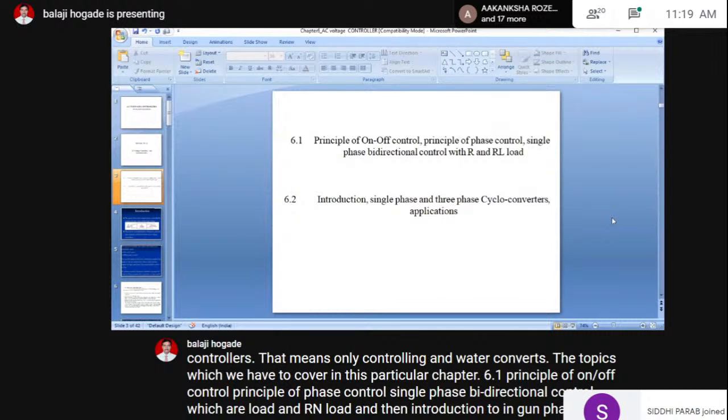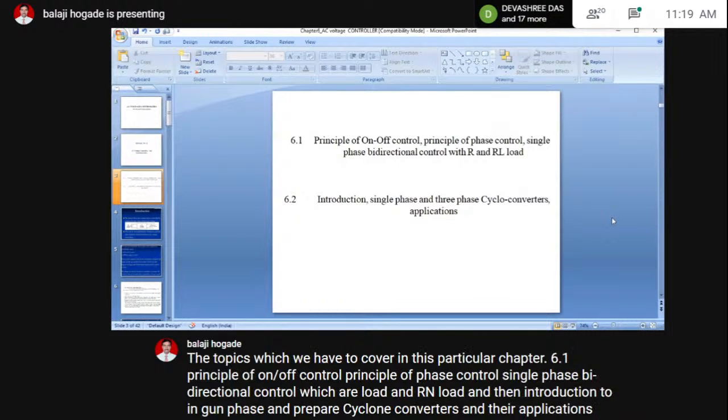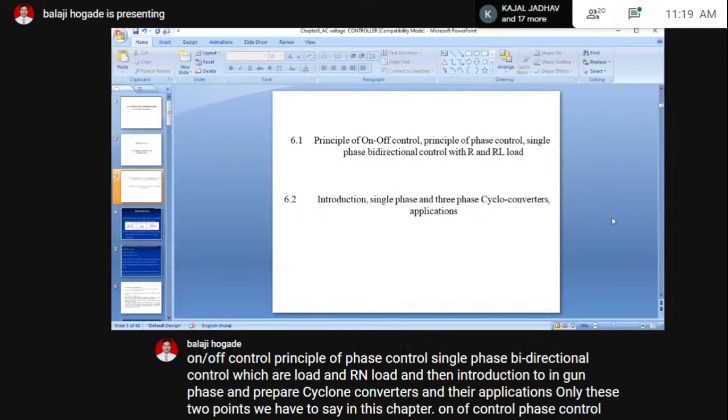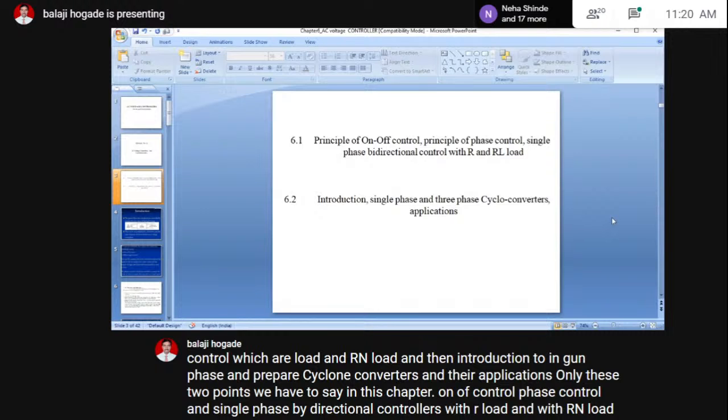So only these two points we have to see in this chapter: on-off control, phase control, and single phase bidirectional controllers with R load and RL load, then single phase and three phase cycloconverters along with their applications.